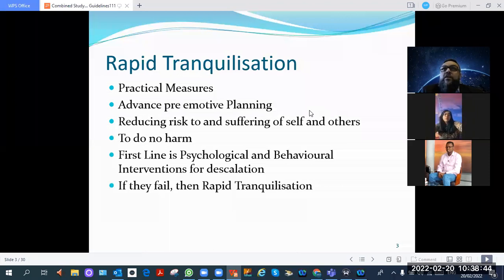Or if they are doing something in public, members of the public are suffering. Then the patient themselves can harm themselves or harm other people.